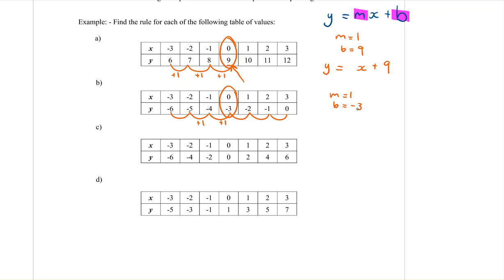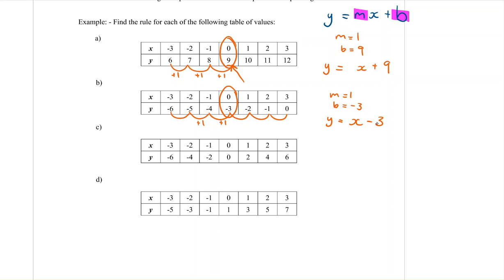So using y equals mx plus b, I sub in m is 1, so 1x, or just x, and b is -3. Don't write plus minus, it just becomes a -3. So y equals x minus 3.